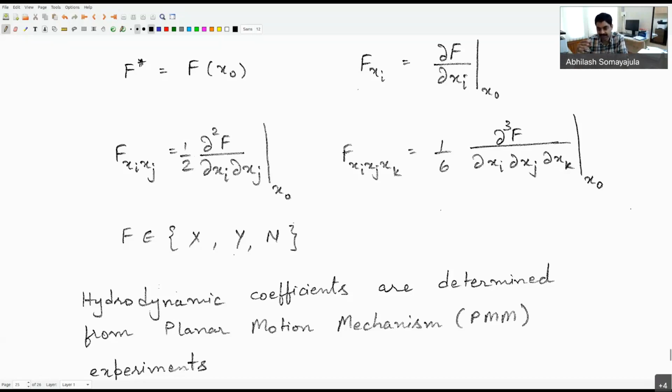But suppose somebody else has taken a different ship type and performed a PMM test on it. I can't scale those values directly for my ship. They are strongly dependent on the geometry of the vessel. Whereas here, since we are non-dimensionalizing with respect to half rho S V square, those can be ported more easily.